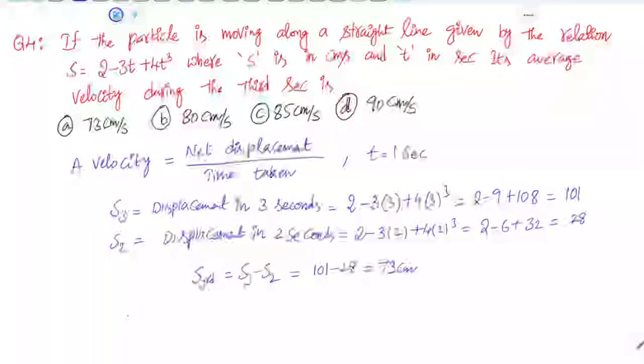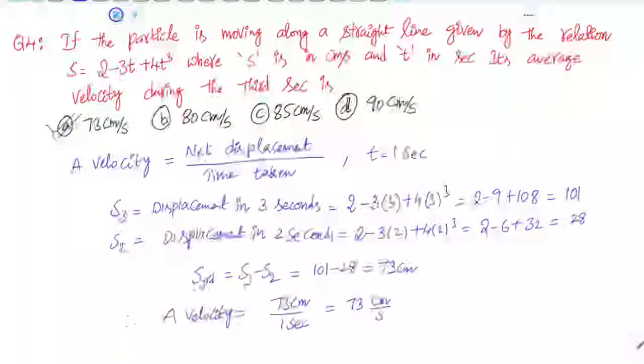Therefore, average velocity is equal to the displacement covered in the third second, which is 73 centimeters, by time. Time is 1 second. Therefore, it is equal to 73 centimeters per second. In this way, we can solve this problem, and the correct option is A.